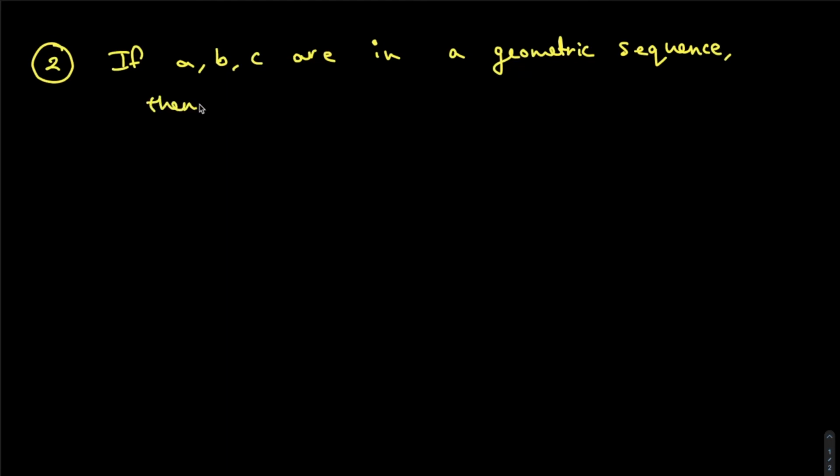This property says that if A, B, C are in a geometric sequence, then B squared is equal to A into C. Now, if there's any one property which you should know out of all the properties that I mentioned today, it is this property, because you will find many questions with this property.